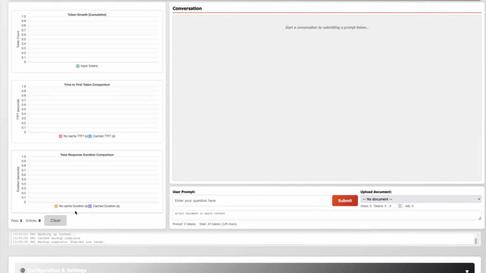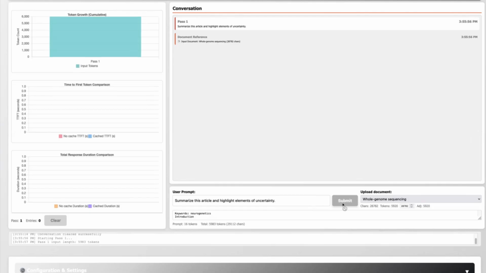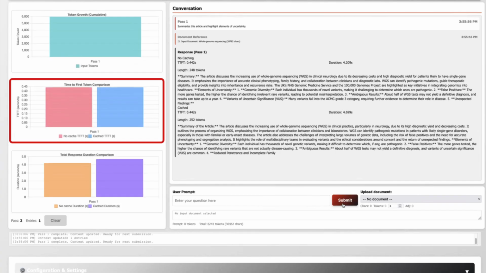We're going to upload a genomic sequencing white paper that has a relatively small context and consists of just under 6,000 tokens, and then we'll ask for a summarization of the article. Looking at the graphs on the left, because no context has been cached, the time to first token is very similar between the two engines.